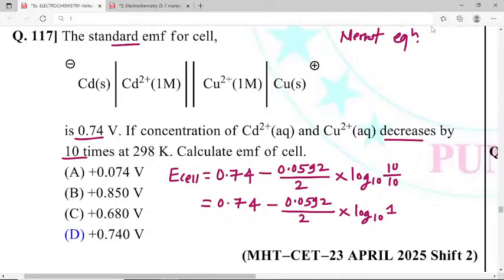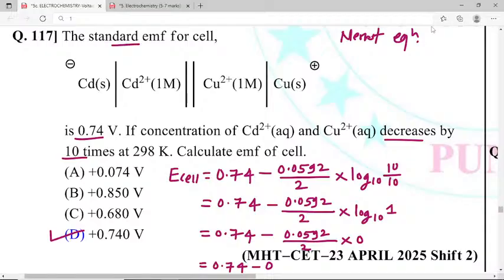So is equal to 0.74 minus 0.0592, this whole divided by 2 and multiply by log 1 to the base 10, value 0. So is equal to 0.74 minus the whole term as 0. So this is your answer actually.